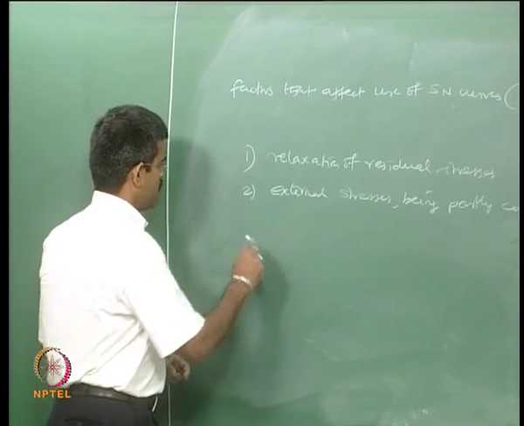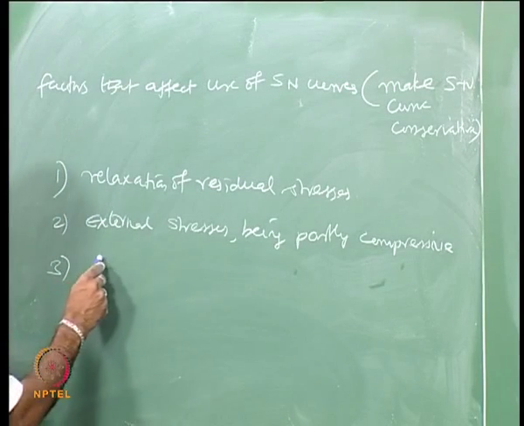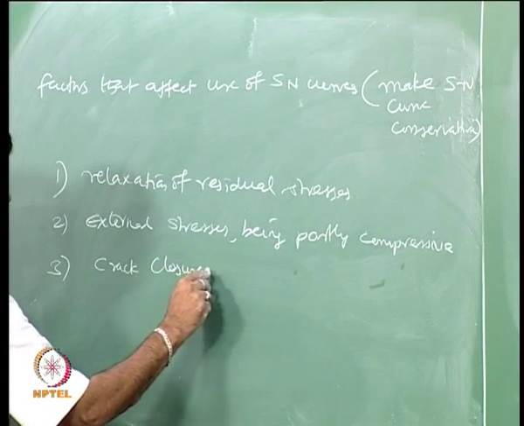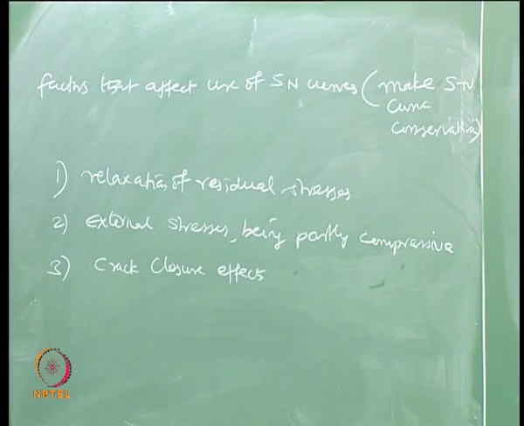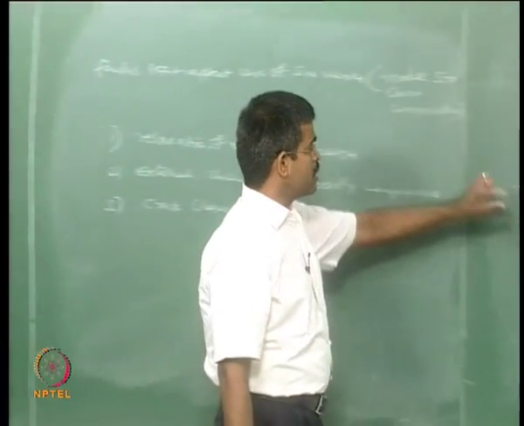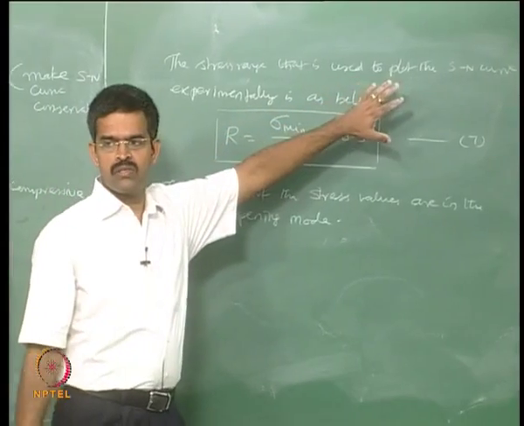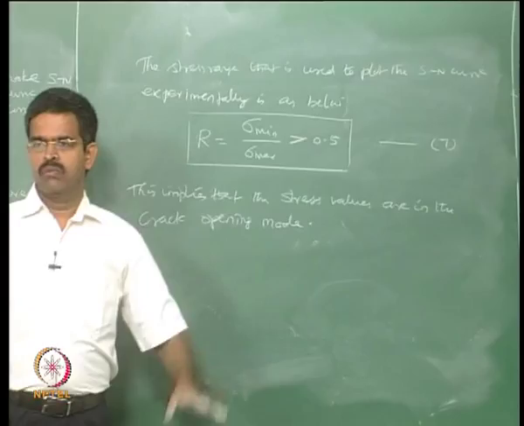The third point is addressing the crack closure effects. There can be some parameters which can influence the closing of cracks also, which is completely ignored because the stress range which you are considering in SN curve plots is essentially on the crack opening modes.